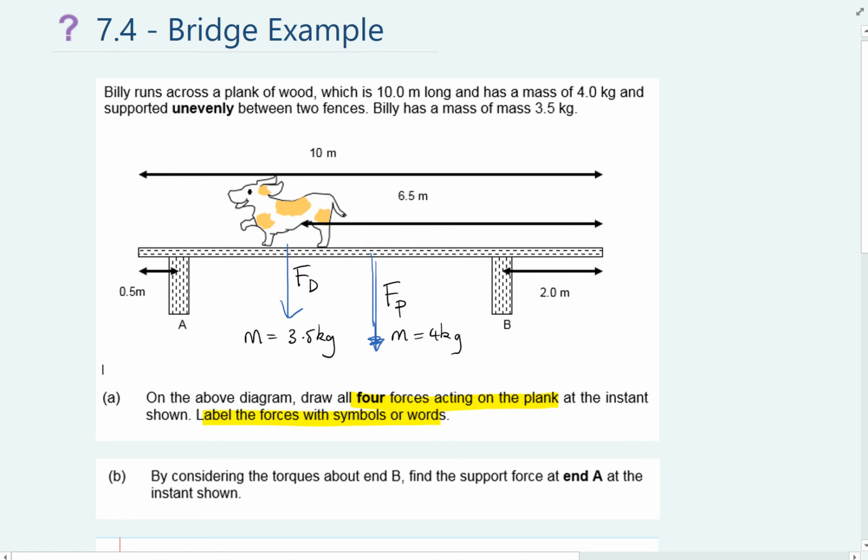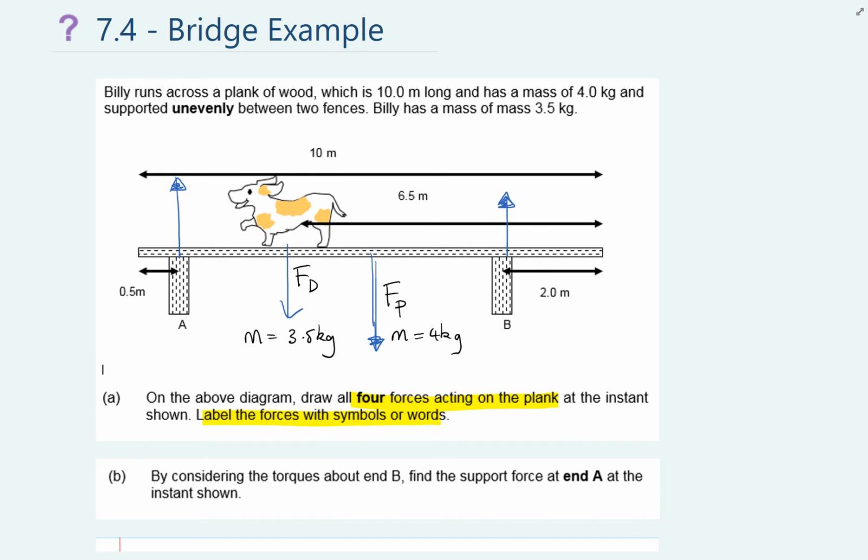Now the other two forces that we have acting are the support forces, and that's A and B. Now I'm going to draw A this long and B a little bit shorter, because I'm thinking that the dog, even though the dog is less mass than the plank itself, it's closer to support A, so it should be that way. If not, we can always tweak it at the end.